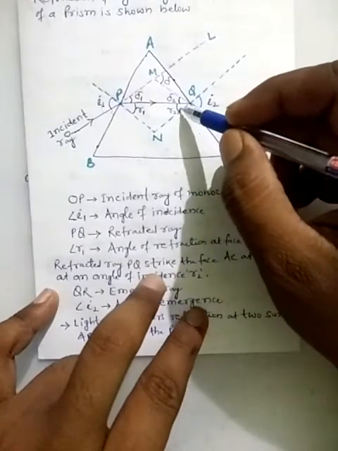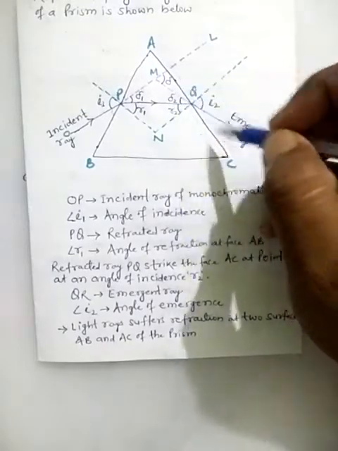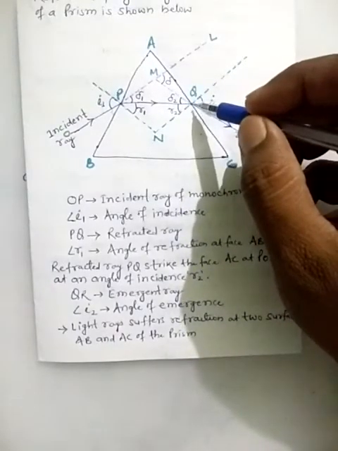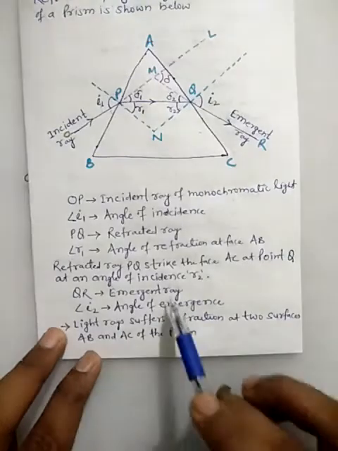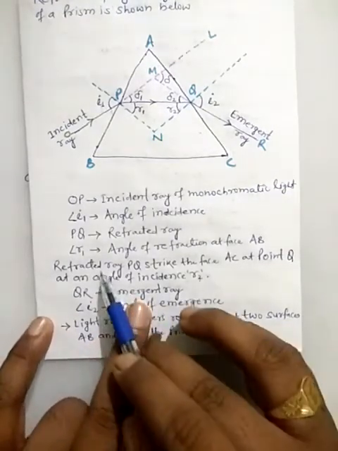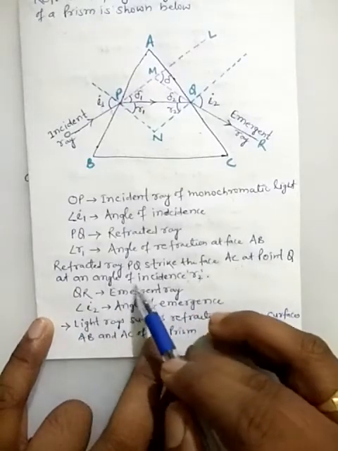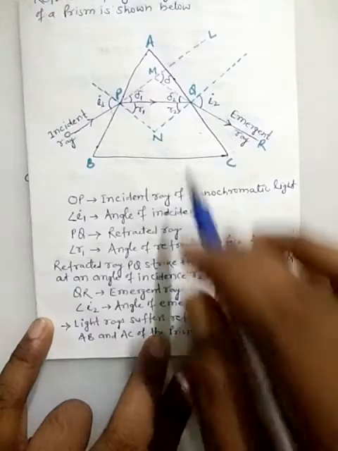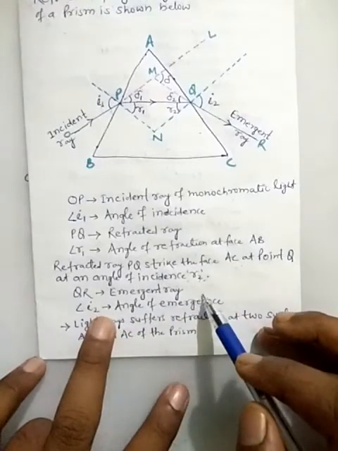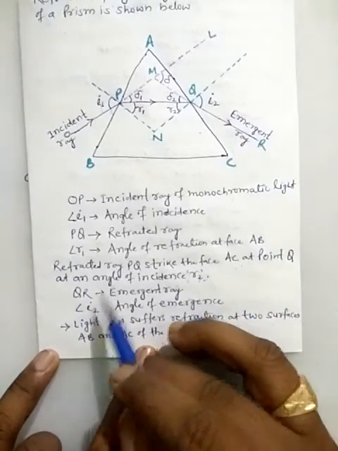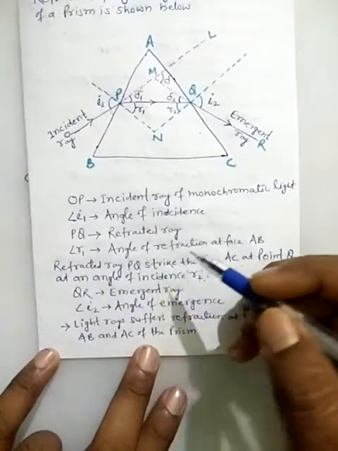Here R2 is the angle of incidence at surface AC at point Q, and QR is the emergent ray, and I2 is the angle of emergence.